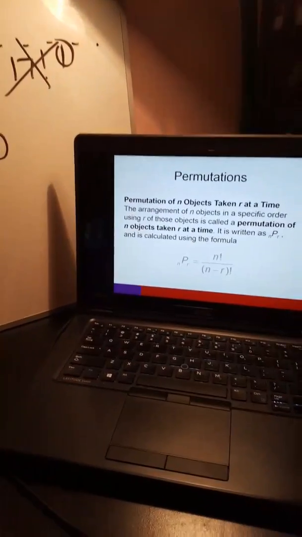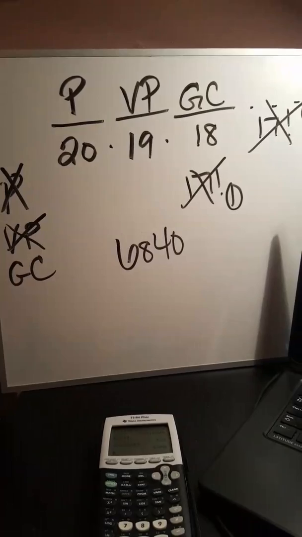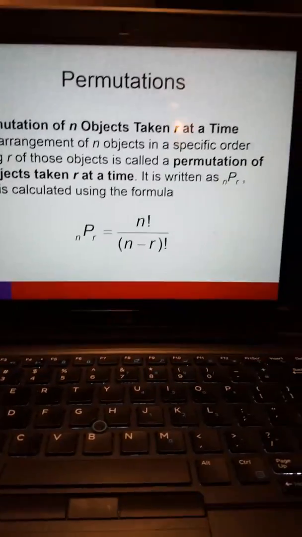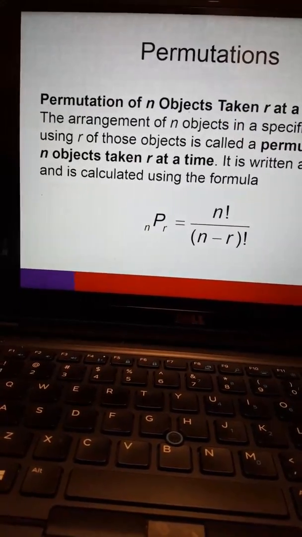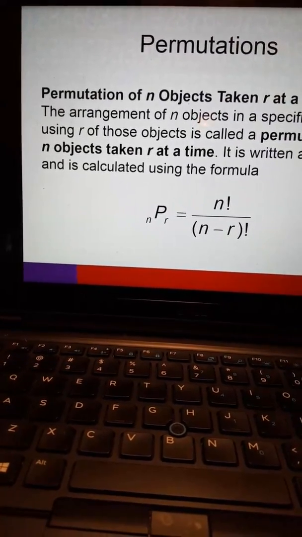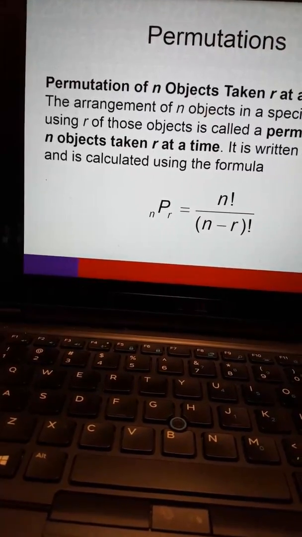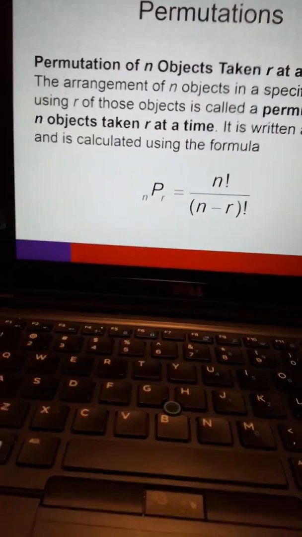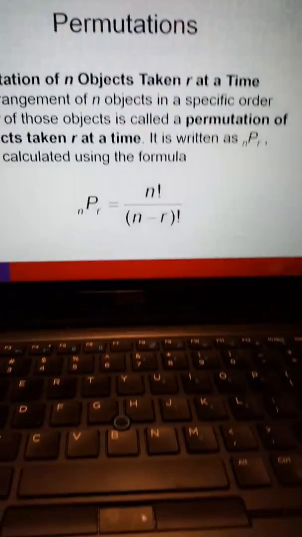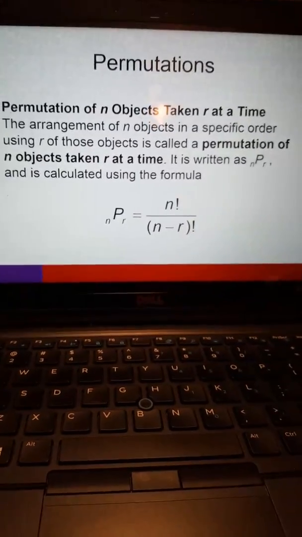All right. So now, so you don't have to do things like this by hand, we're going to get the equation. Our equation for permutation includes the P for permutation, which is nPr equals n factorial over n minus r factorial.